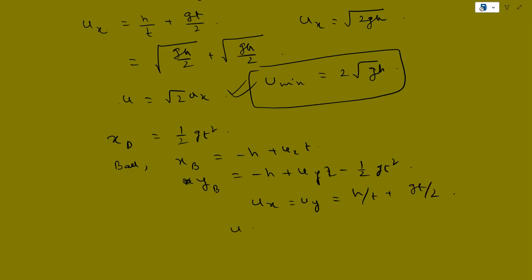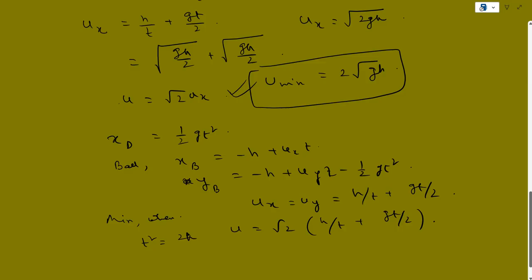Now speed u equal to root 2 times h by t plus g t by 2. So minimum when t squared equals 2h by g. So hence we can say u minimum is 2 root gh. So today we learned something very powerful. A drone tried to escape, gravity helped the ball, and the mathematics negotiated the meeting.